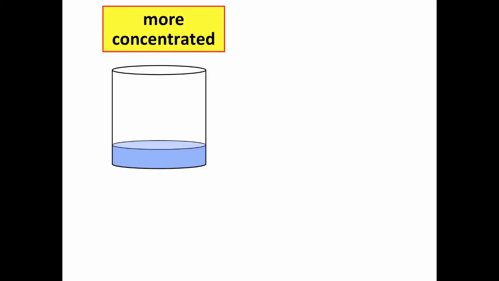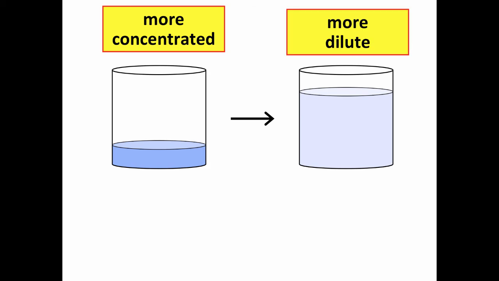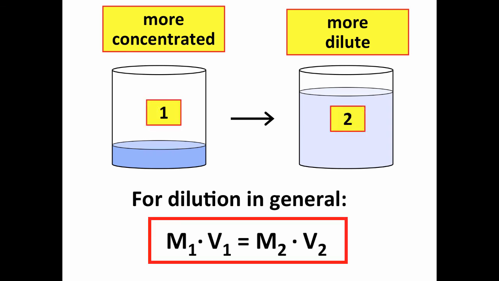Now, this is a very common thing for chemists to do, to take a more concentrated solution and to add water to it to make a more dilute solution. And the calculation involved in this type of dilution is going to pretty much always be the same type of thing as we just did in the previous example. And for this reason, we often use a shortcut calculation.